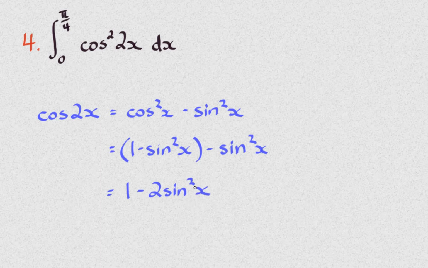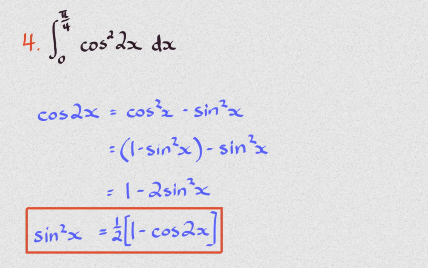And so if we made sine squared the subject of this equation, what do we get? Well, we've moved this 2 sine squared over to the left. So then we'll subtract the cos 2x from both sides. But then we don't want 2 sine squared x, so we need to halve both sides. And so we get this expression. And in the same way, we can come up with an expression for cos squared x.